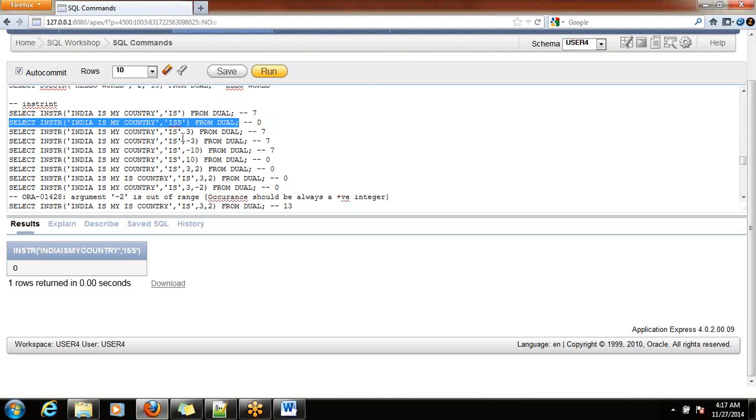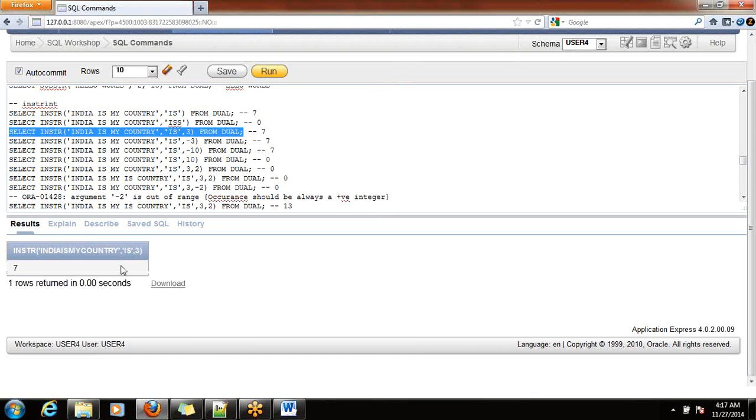And here you can see I gave the third argument. Instring has a third argument also. Observe carefully.